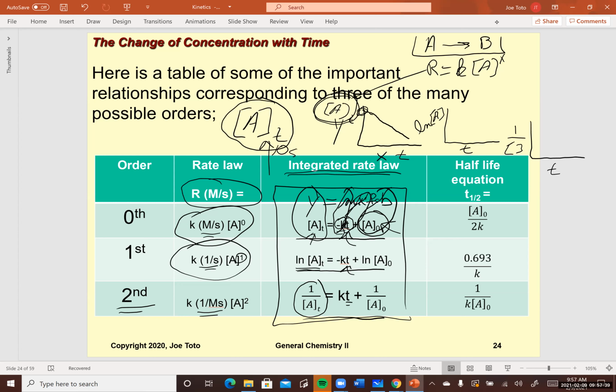It can't change order because you haven't changed your reaction. And that's why it's the law. It's the rate law for this particular reaction. So you can only have one.